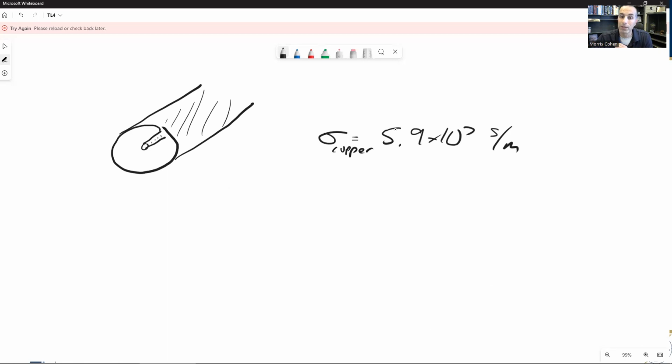The first is called the skin effect. And so that is, if we zoom in right here on the surface of this conductor, what's going to happen is the current is all going to be confined to a little slab just beneath the surface. And this is called the skin effect.